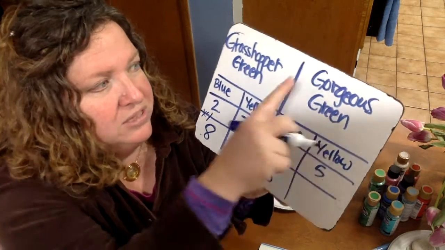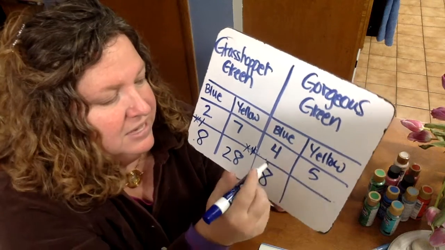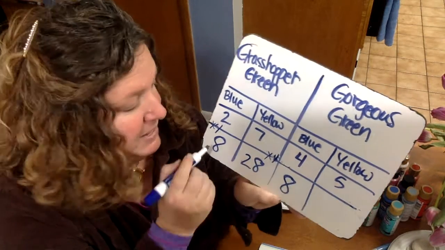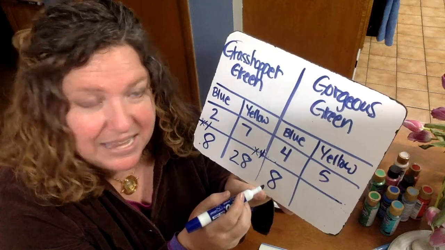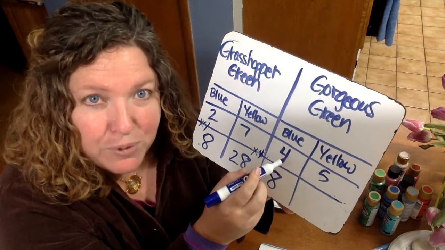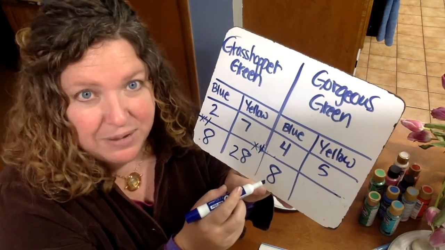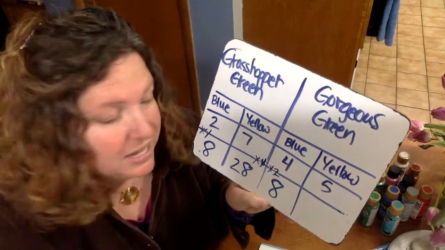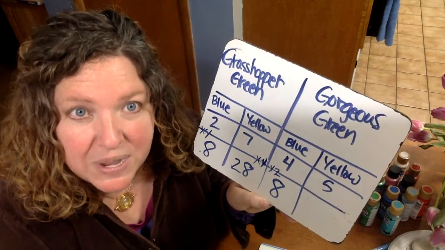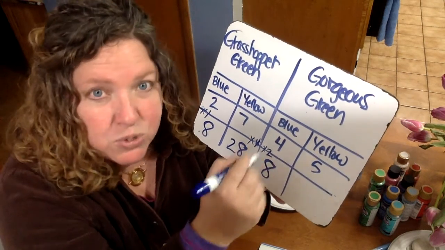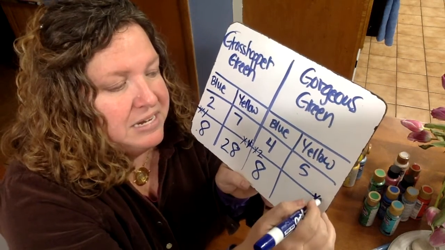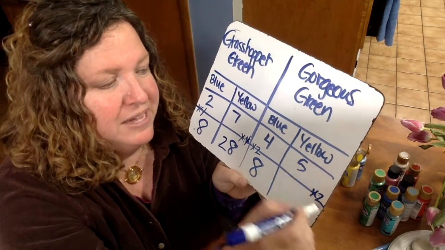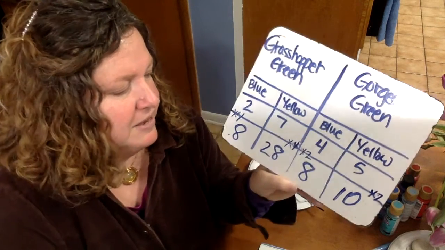So let's look at the gorgeous green. I started out at 4, but I'm trying to make it the same, so I'm going to change it to 8. How did I get from 4 drops to 8 drops? Well, I did 2 recipes. I multiplied it by 2. I did twice. So if I'm doing twice as much blue, I need to do twice as much yellow. 5 times 2 is 10.